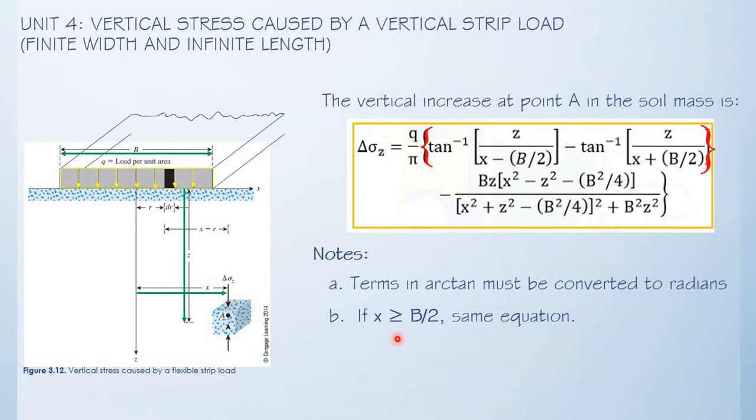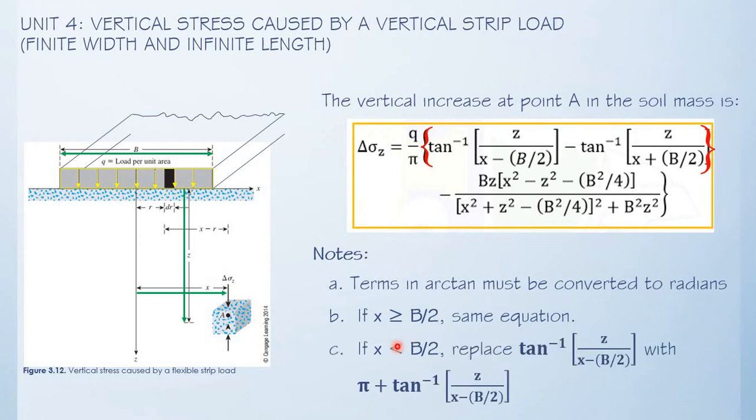However, if the horizontal distance is less than B over 2, we will come up with a negative value. So if x is less than B over 2, we replace this term with this term. You can observe that the term is exactly the same except that we added the value of pi. By adding the value of pi, we will not come up with a negative value.